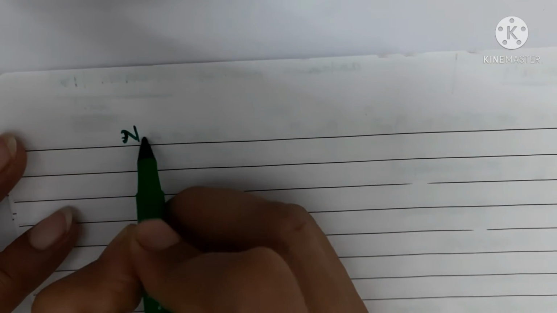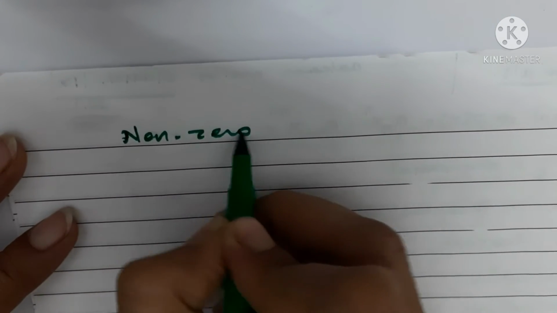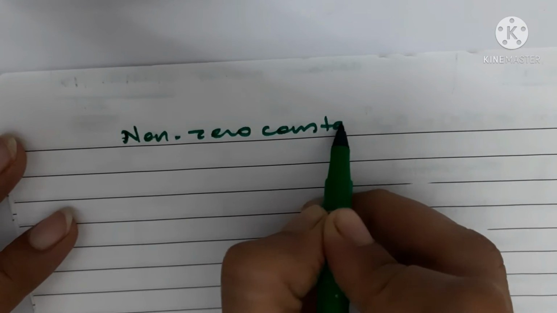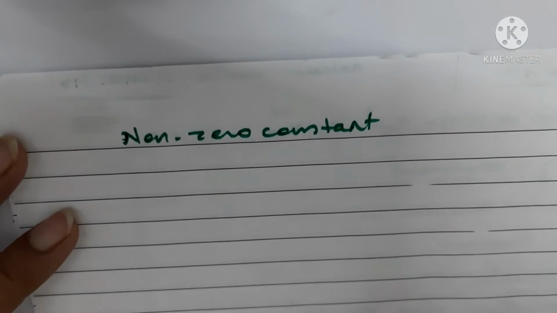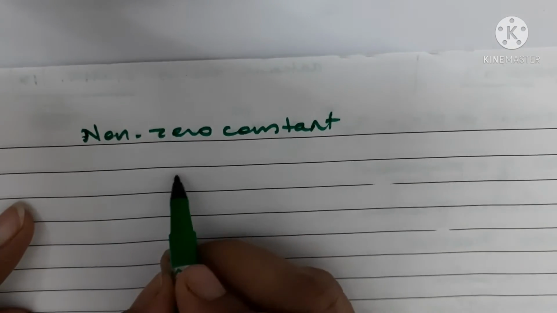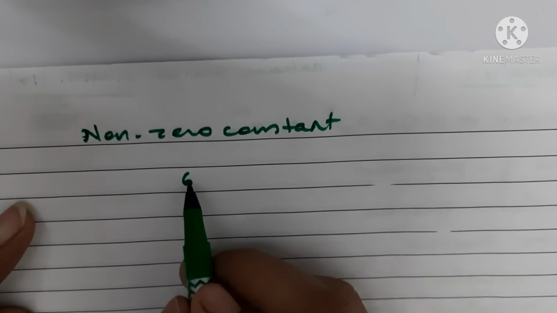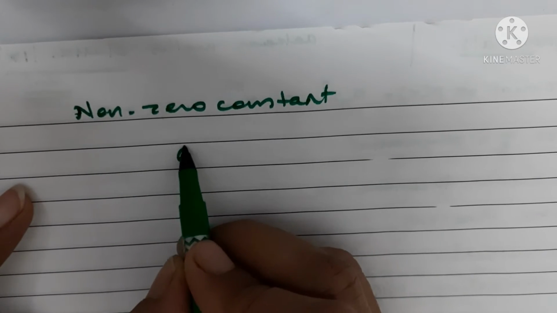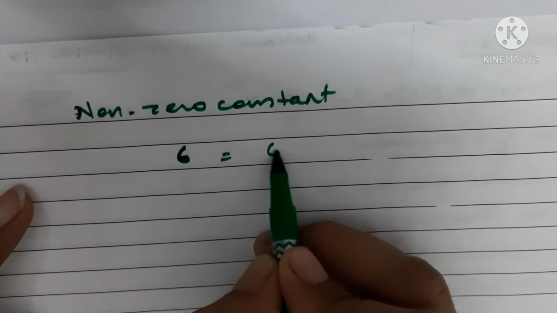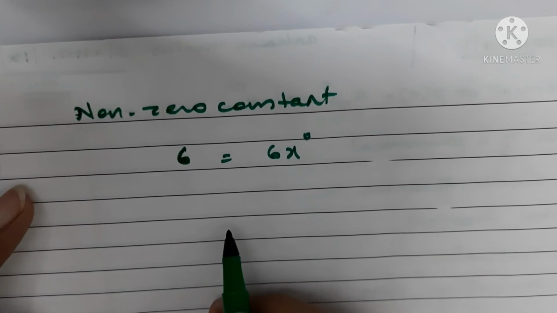Okay, now if we consider a non-zero constant, suppose you are having a polynomial with a non-zero constant. When we are talking about a non-zero constant, it could be any constant number which is not equal to 0. Say you are having, say, 6. Now this polynomial can be written as 6x to the power 0.